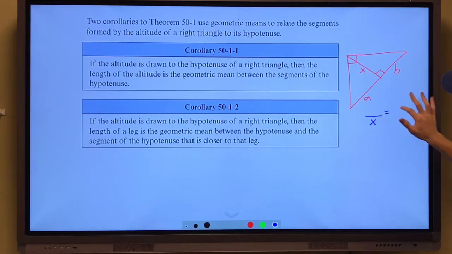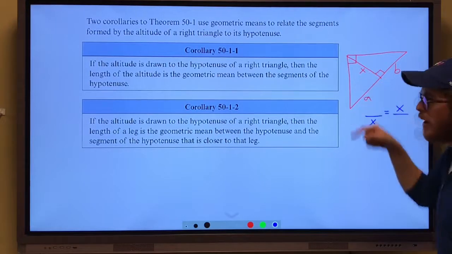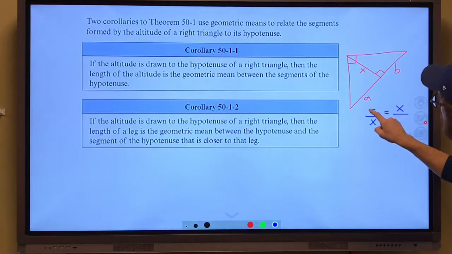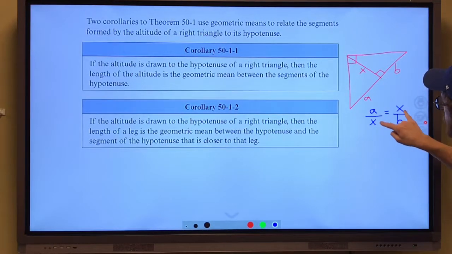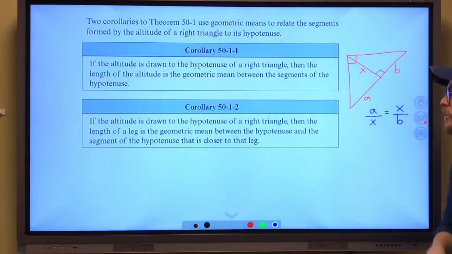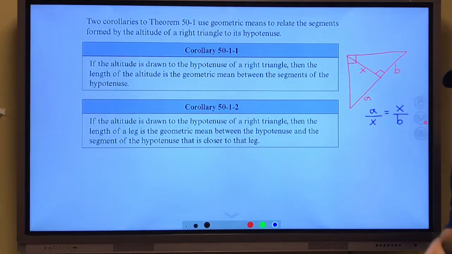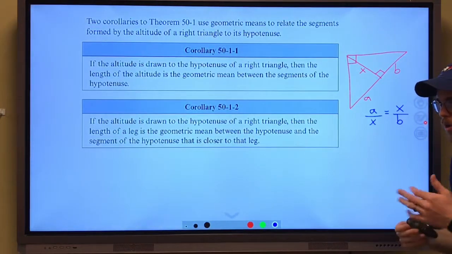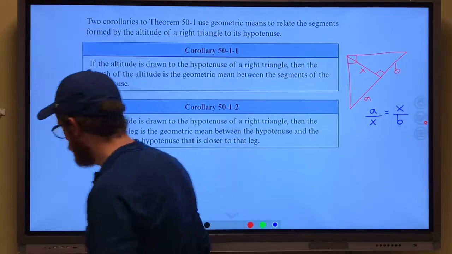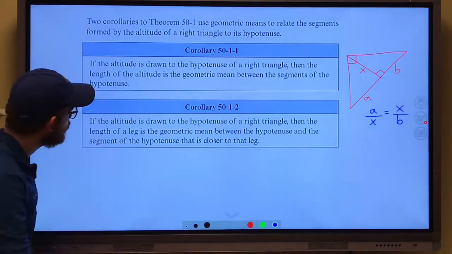That means that x, my altitude, is going to be that one value that satisfies both mean positions when the segments of the hypotenuse, which has now been split into two segments, are in the extreme positions.